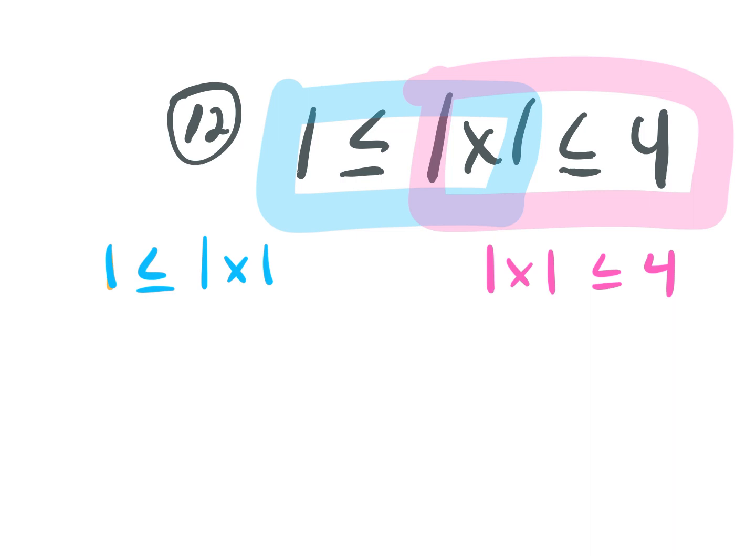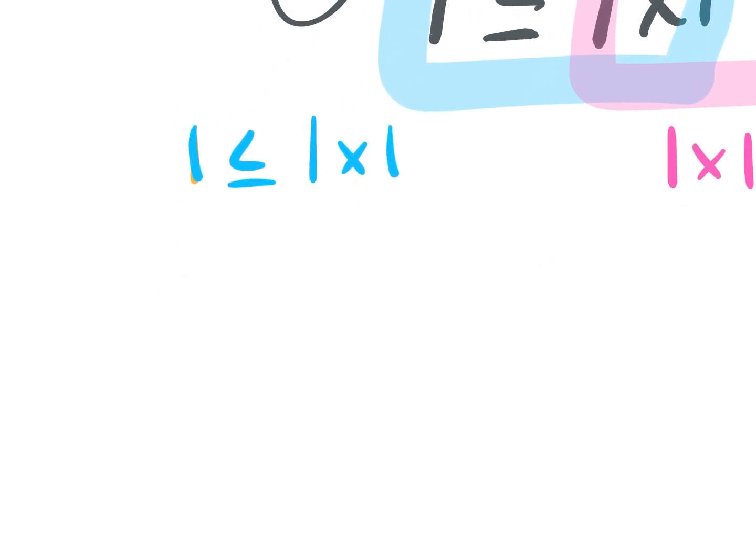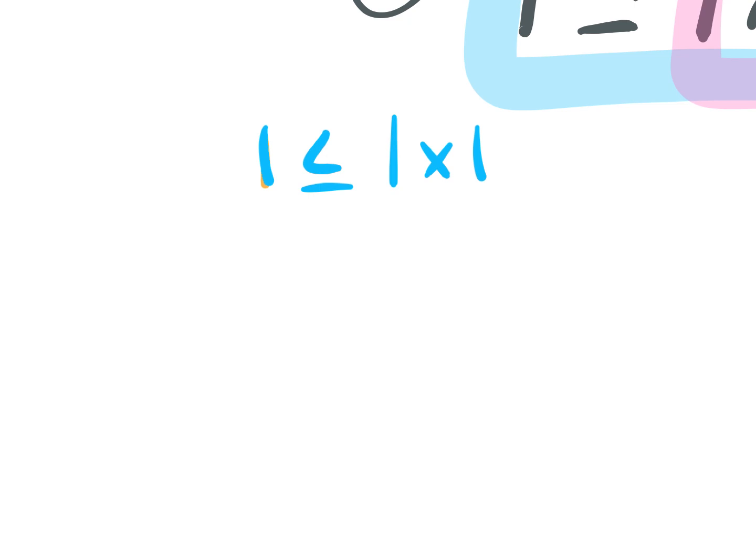Now this is just like what we did before, but we have 2 parts here. So each one I have to split up. So the first one in blue, I have 1 is less than or equal to x. So I keep it exactly the same because my absolute value is already isolated there. What do you think my other inequality is going to be when I split this?